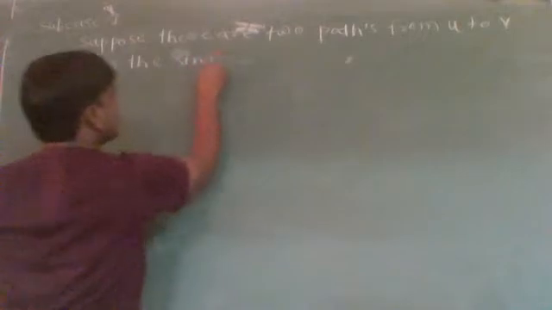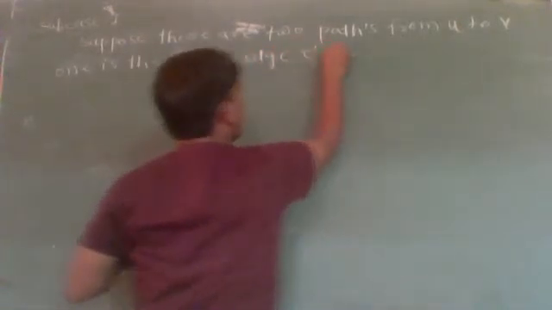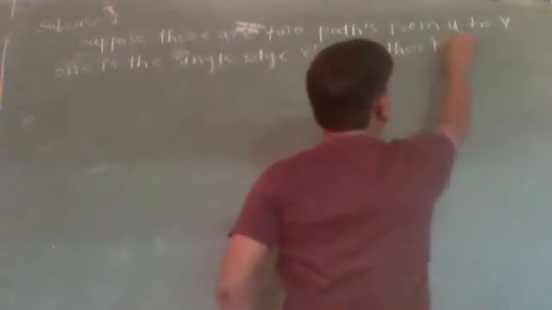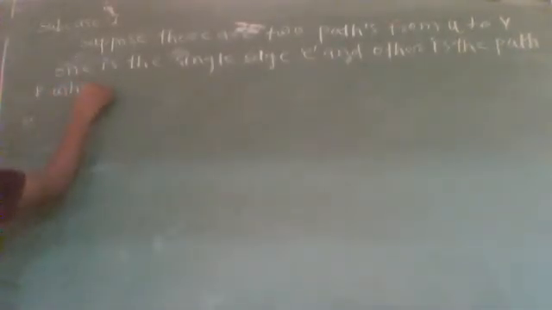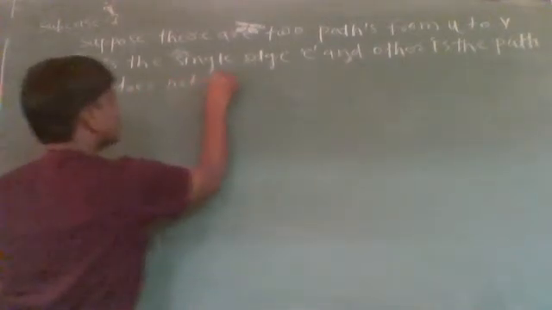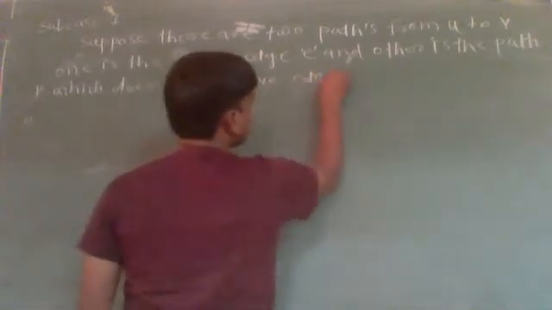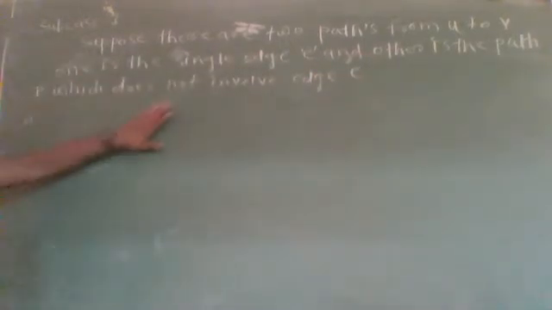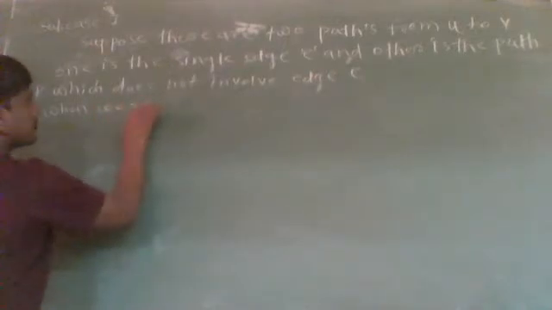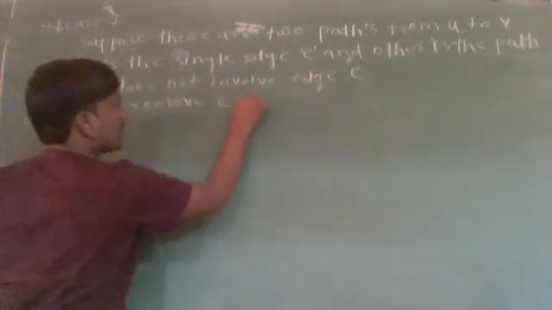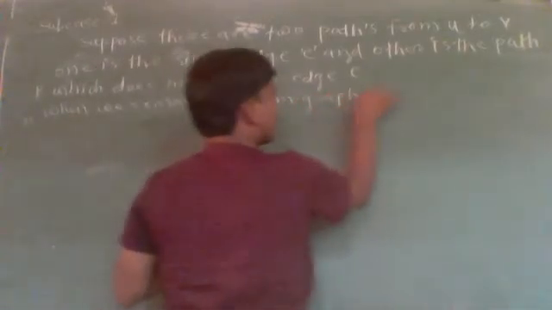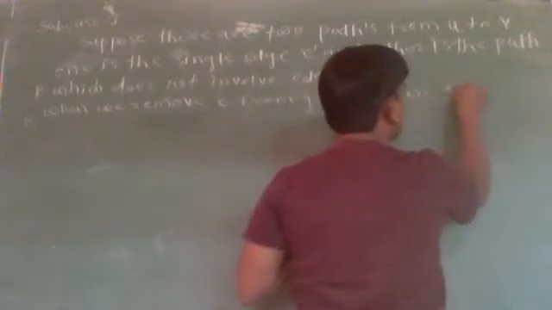One is the single edge E, and the other is the path P, which does not involve the edge E. So if we remove the edge E from the graph G, we get G minus E as an edge deletion subgraph.